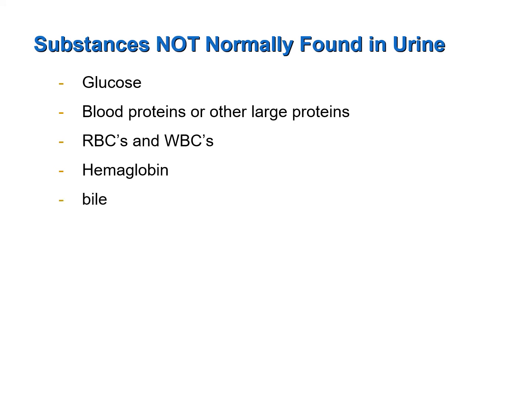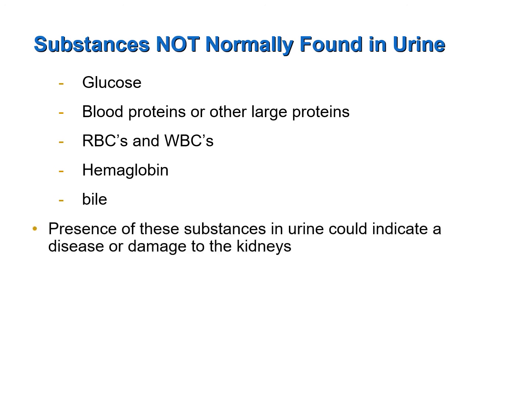Lastly, bile, which is produced by the liver, secreted into the hepatic ducts and then the bile duct, stored in the gallbladder, and eventually secreted into the duodenum, would also not be expected to make its way into the urine. If it does, then one would suspect some type of liver disease such as hepatitis.